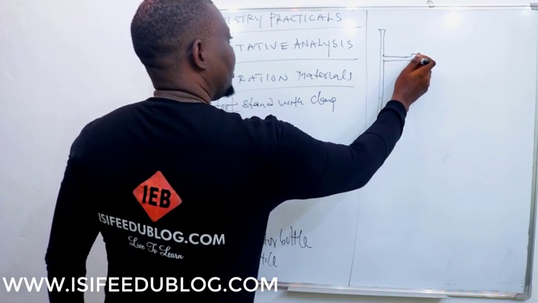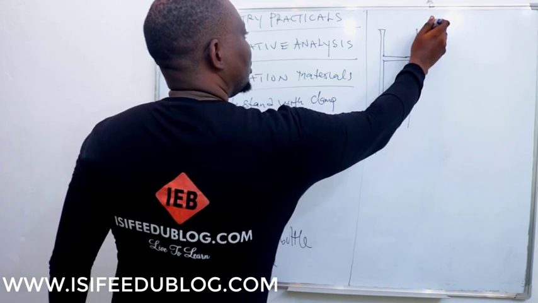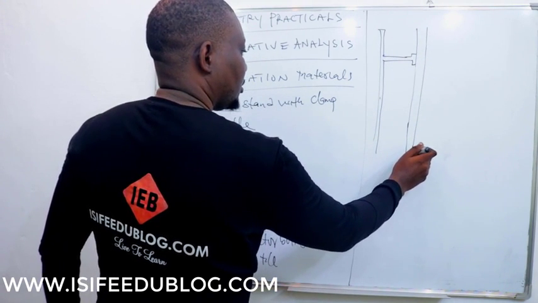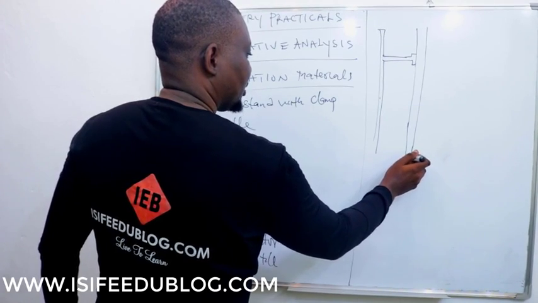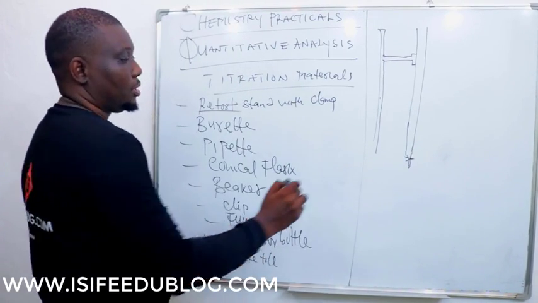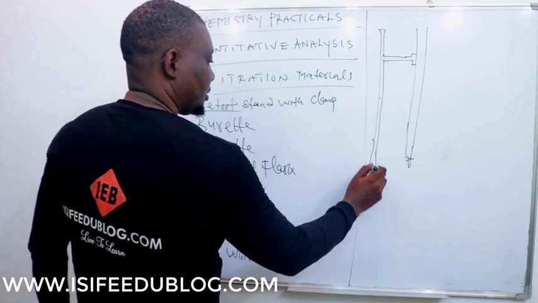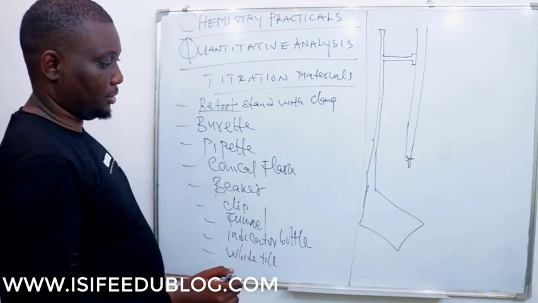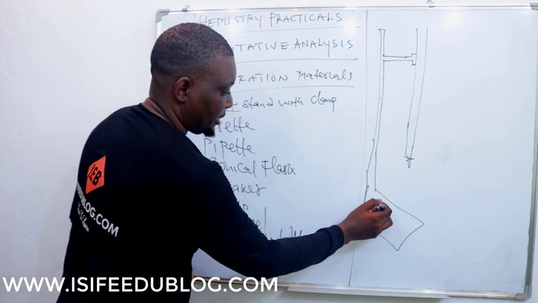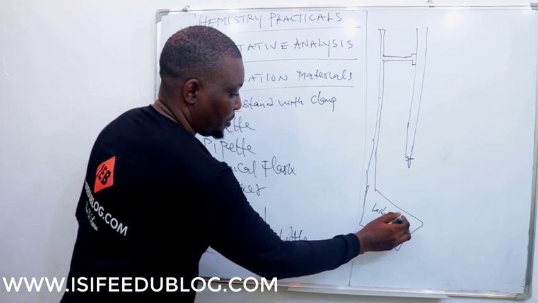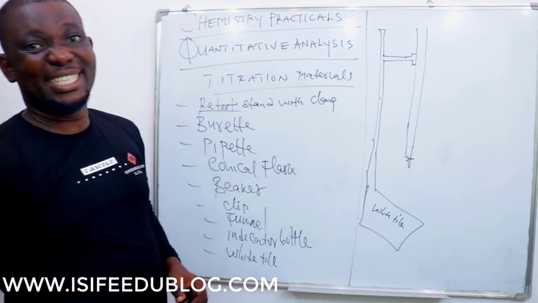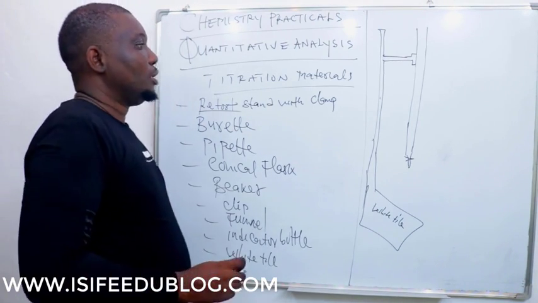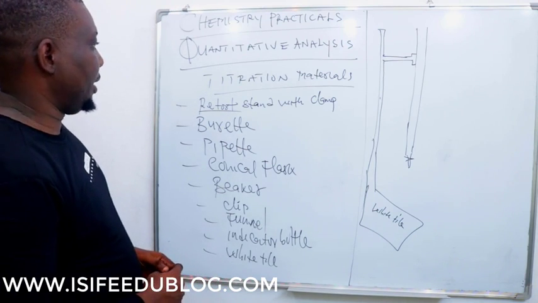Then the clip, and the base of the redox stand for standing on the table. The white tab or white paper should be here so that your endpoint can easily be detected sharply.